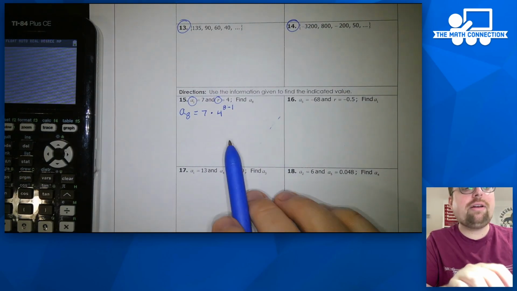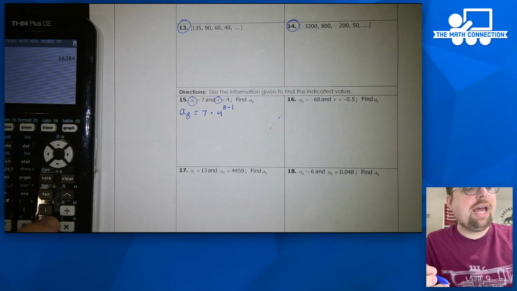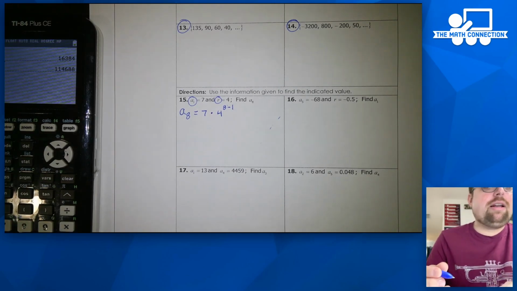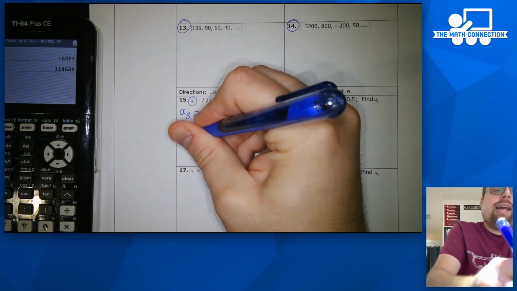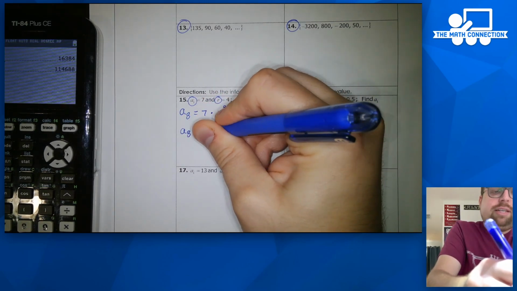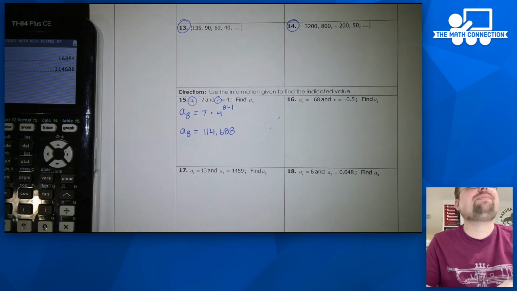So go to your calculator and do 4 to the power of 7, and then multiply that by 7. And that tells us that the 8th term in the sequence is 114,688.